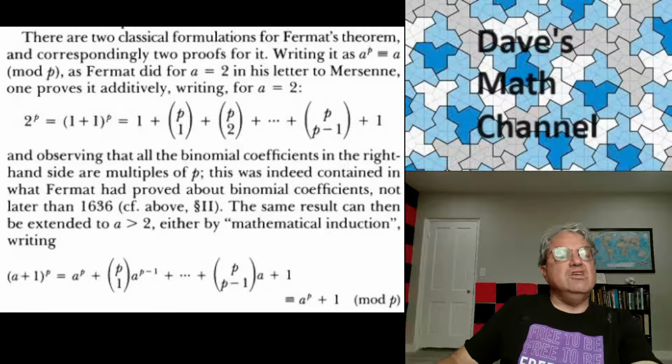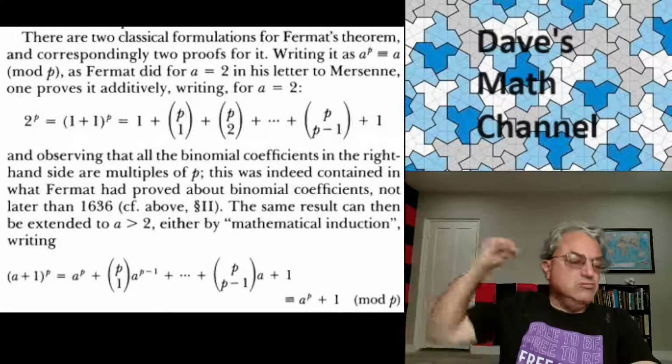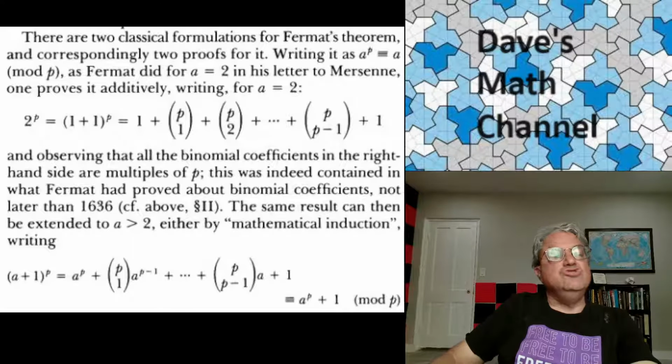We just expand 1 plus 1 to the pth power as a sum of binomial coefficients. It's just the sum of all the binomial coefficients, in other words, all the coefficients on the pth row of Pascal's triangle. So we write p choose 0, that's 1, plus p choose 1, plus p choose 2, all the way up to p choose p, which is also 1.